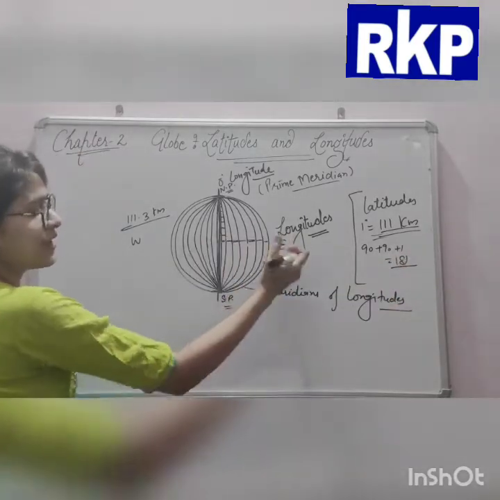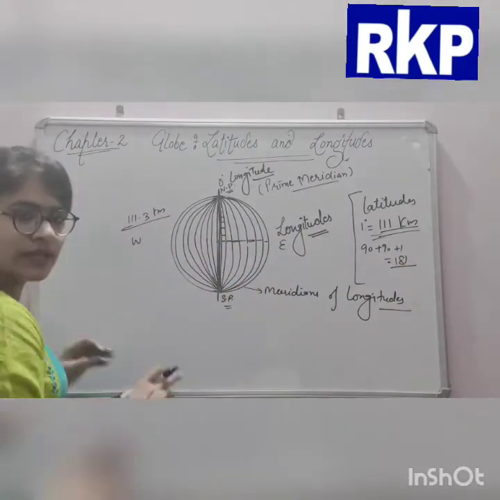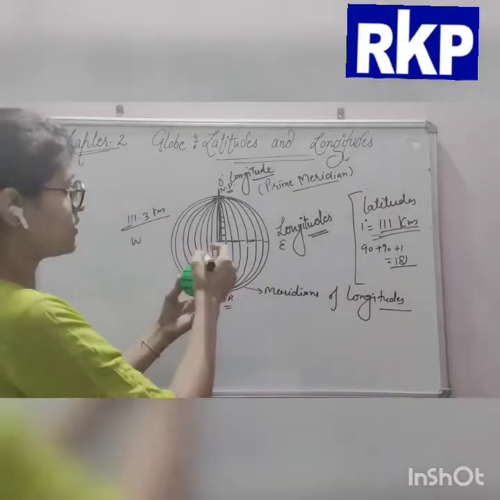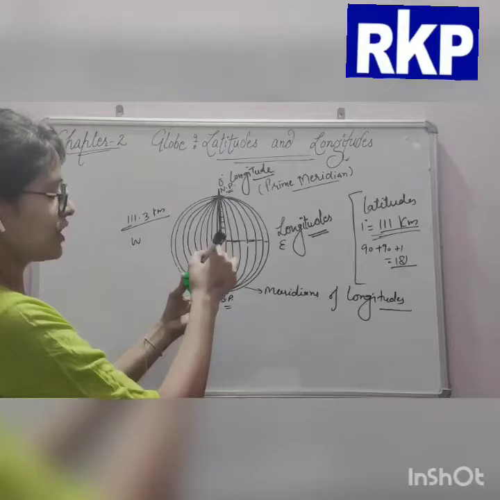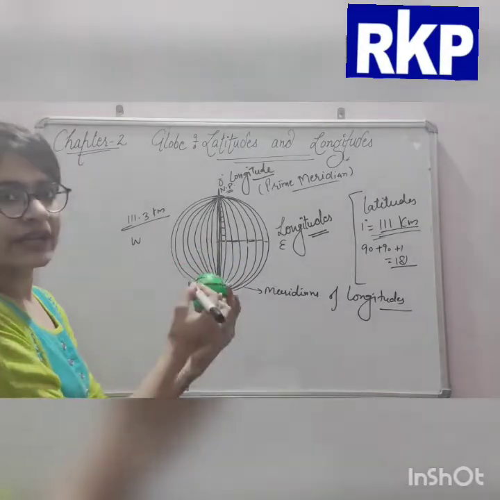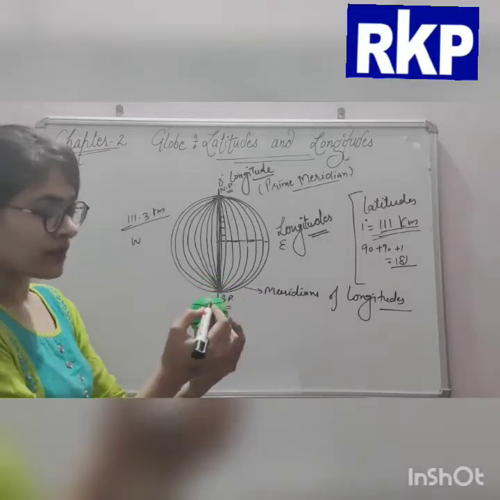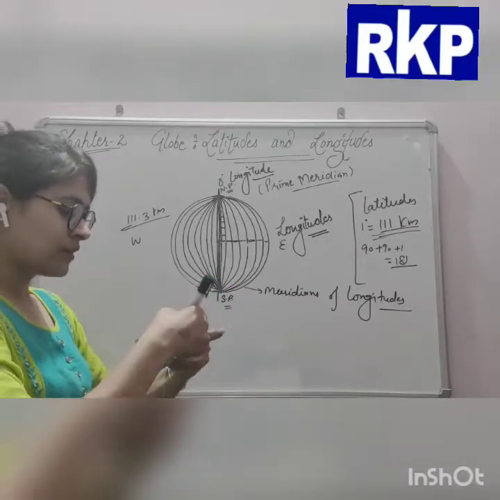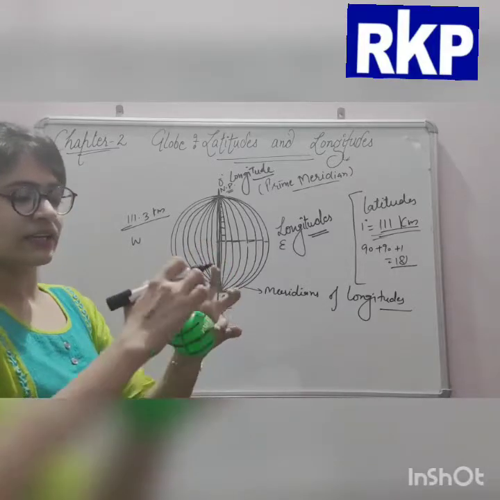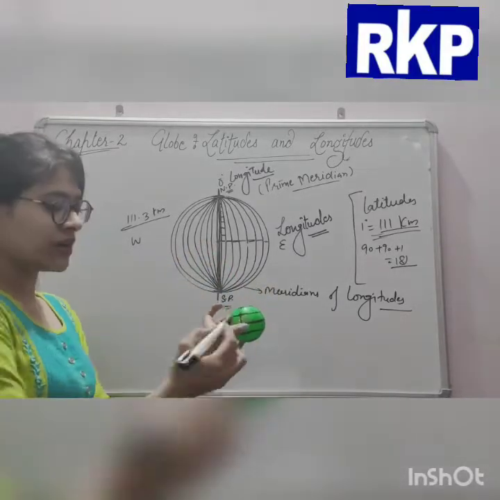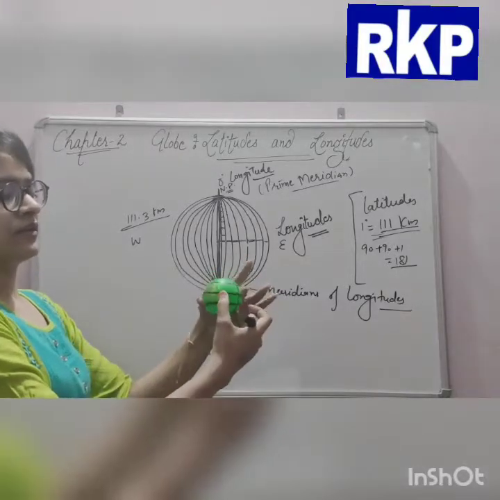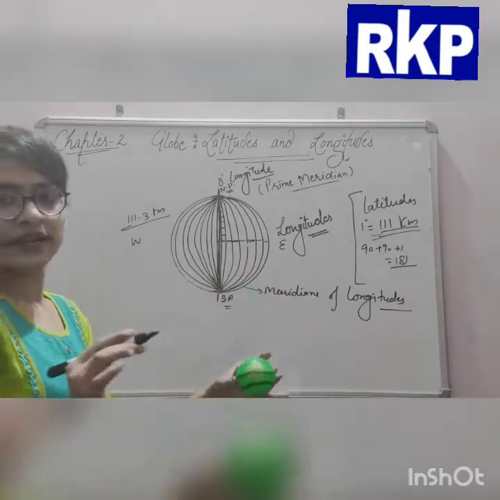But there are 180 on this side and 180 on this side. Now, yes, this is the prime meridian, but there are not 180, there is 90, 90, 90 and 90. Here 90, then here also 90, then the backside part 90 and 90.